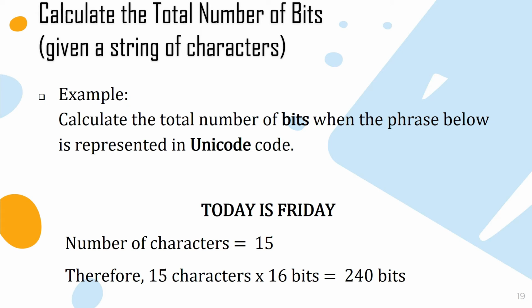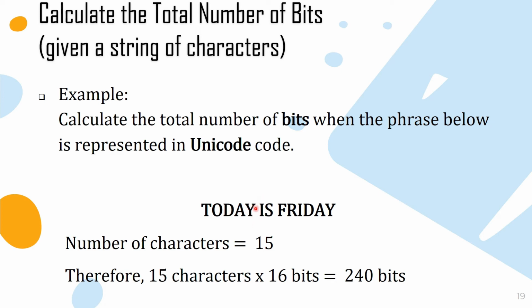Let's look at an example for Unicode. When the phrase below is presented in Unicode, calculate the total number of bits. Given to you is this phrase. First step, you need to calculate the total number of characters used. 1, 2, 3, 4, 5, 6.